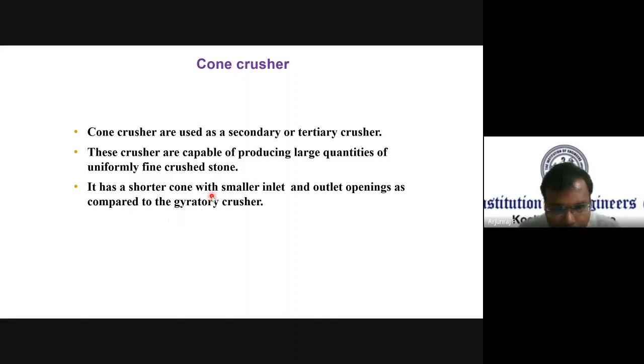It has a shorter cone with smaller inlet and outlet openings as compared to that of a gyratory crusher. I will also show you the video of how the stones come out for size, for both the jaw crusher and also the cone crusher, how it looks.